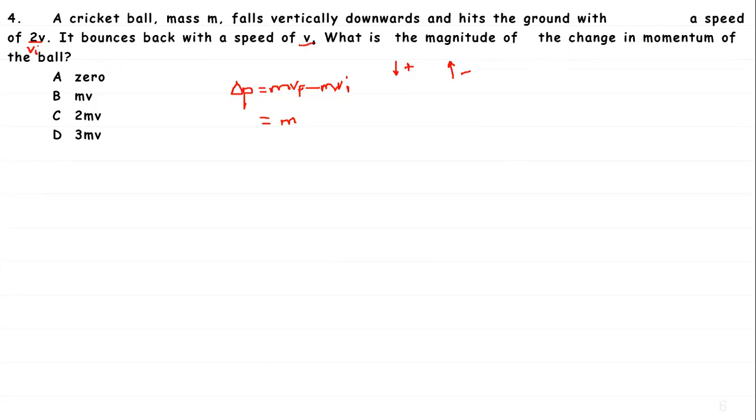So that one will then represent the final velocity. Why? Because we are focused on the change in momentum right when it was hitting the ground and just when it was leaving the ground and bouncing back. So our Vf is going to be negative v. Why negative v? Because it is bouncing, so it is going upwards. Minus the mass, it's still m, but the initial velocity.